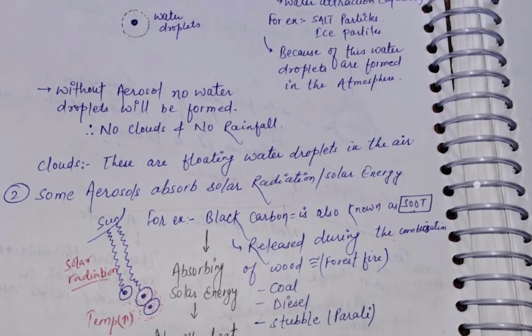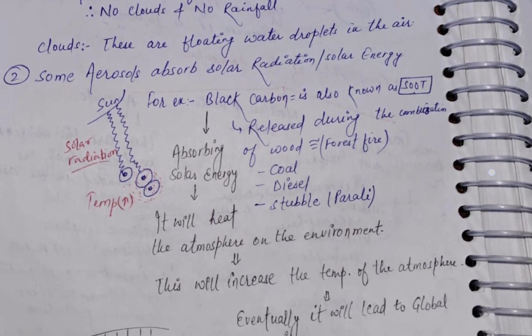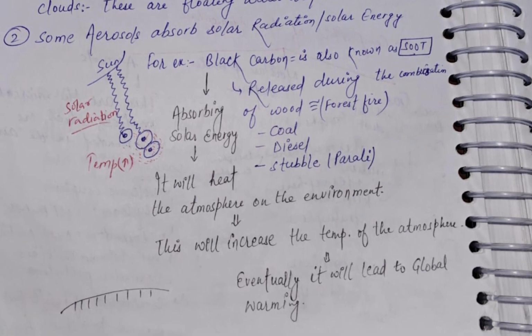Second, some aerosols absorb solar radiation or energy, and an example is black carbon. The sources of black carbon are wood burning, stubble burning, and vehicular pollution.